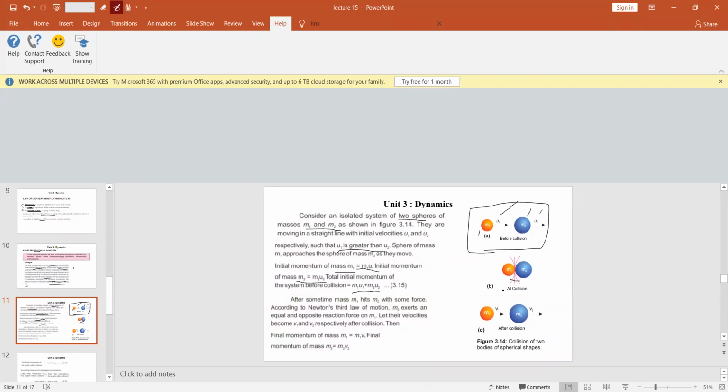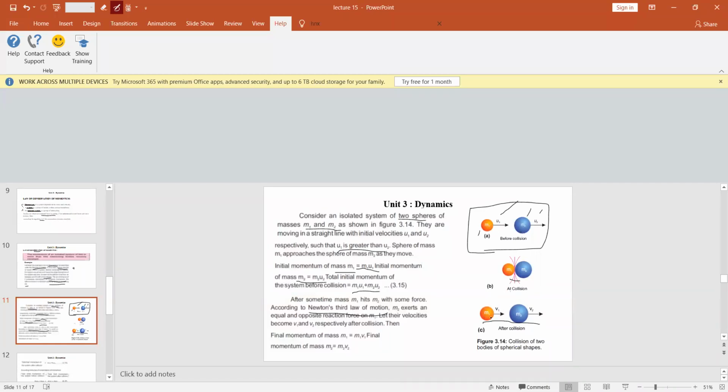When it hit the mass M2, Newton's third law of motion is applied over here. M2 exerts an equal and opposite reaction force on M1. When it exerts equal and opposite force, they move apart again, right? So after this, their velocities will be changed.